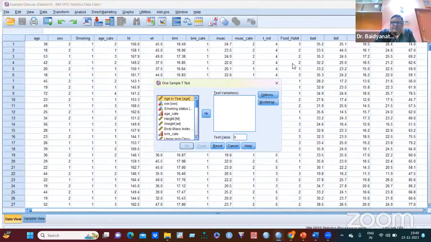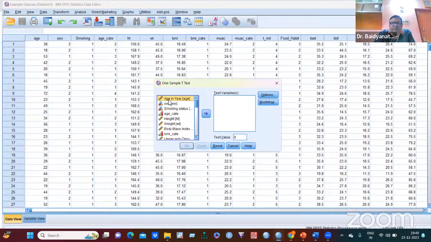So the t-test is related to the mean. Now we find the significant difference between the means. This is my observed variables on the left side, and here is the test variable box.